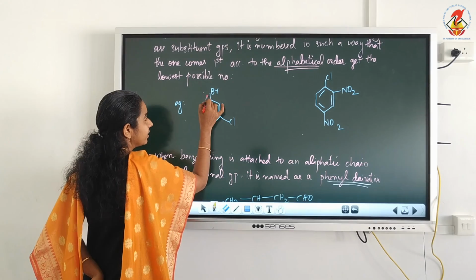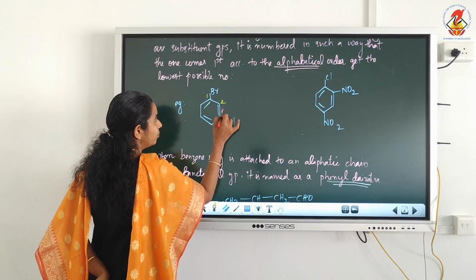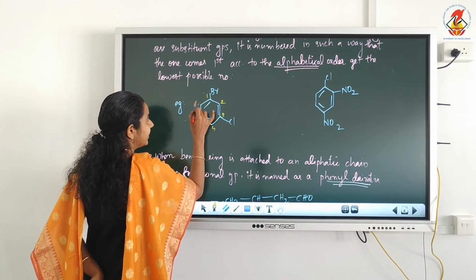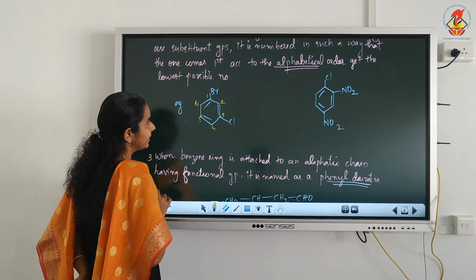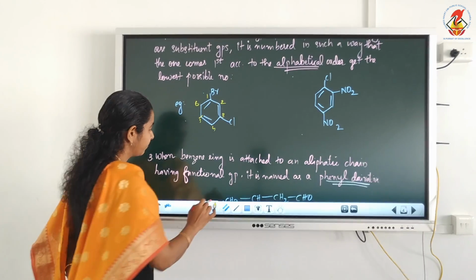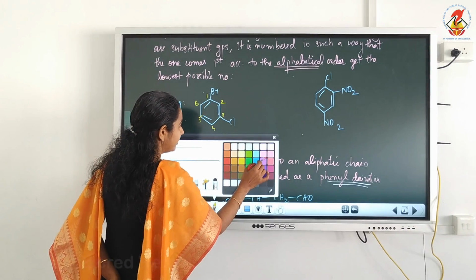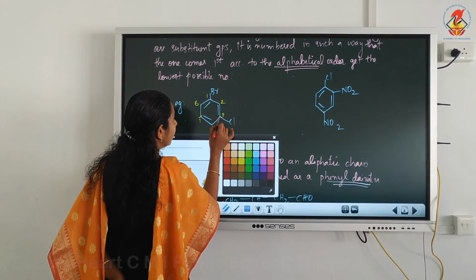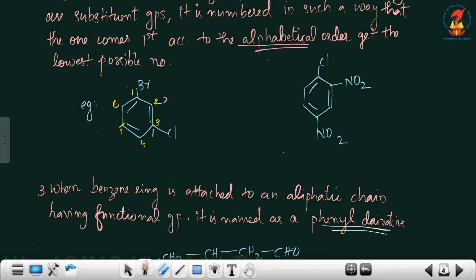So either we can start from here 1, 2, 3, 4, 5, 6. So the substituents will be present at 1 and 3rd position, 1 and 3. Now the next possibility is we can start from chlorine 1, 2, 3, 4, 5, 6.